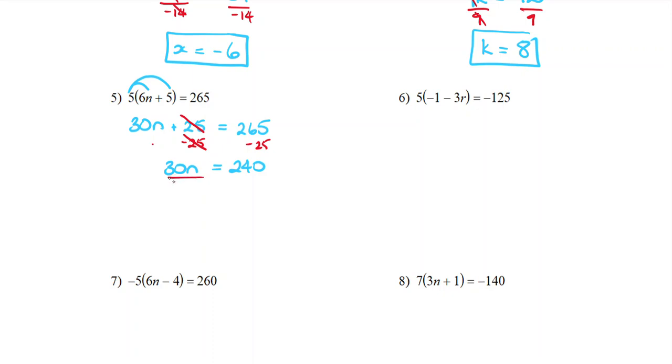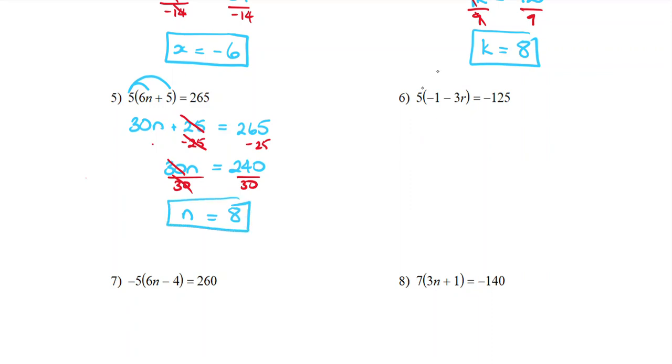Okay, so you're going to divide by 30. Okay, so the last thing you need to type in is 240 divided by 30, and what's your answer? 8. Good job.